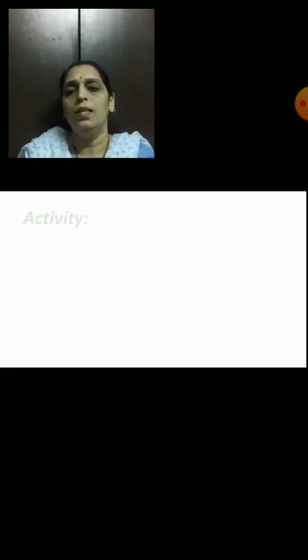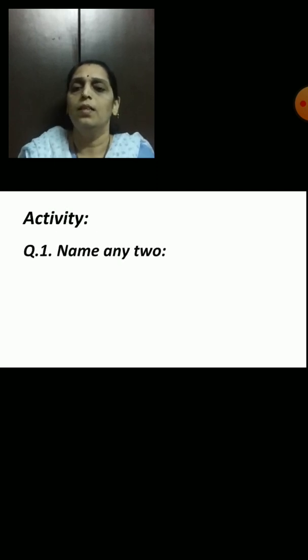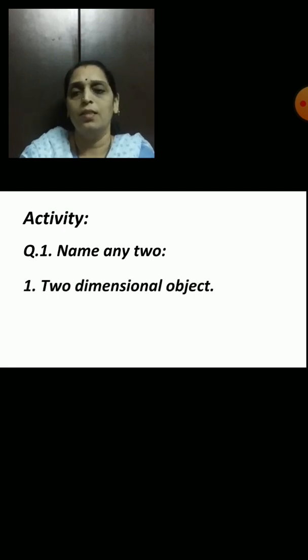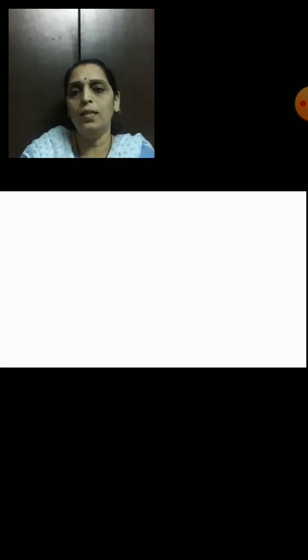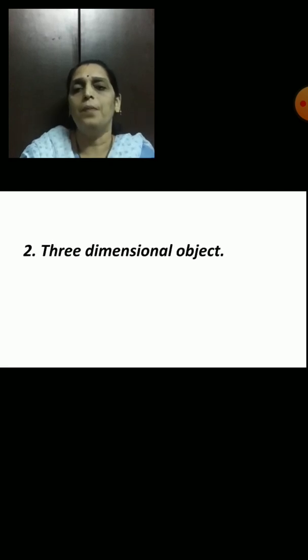Now let's do an activity. Question 1. Name any two. You have to name each two-dimensional object. Yes, paper and blackboard. Very good. Now the next one, three-dimensional object.